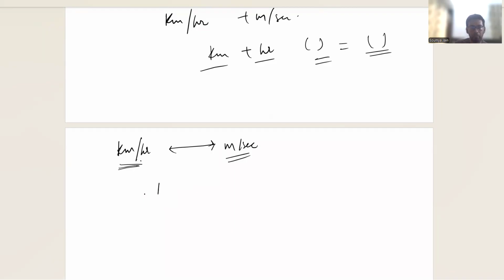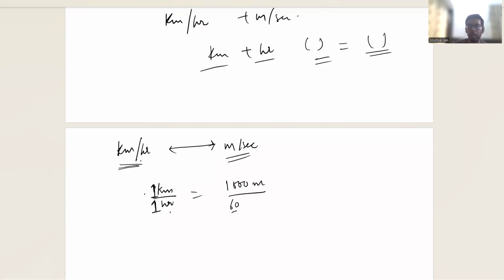This thing can be written as 1 kilometer per 1 hour. Convert 1 kilometer into meters: 1 kilometer is equal to 1000 meters. And how many seconds are in 1 hour? 1 hour has how many minutes? 60 minutes.